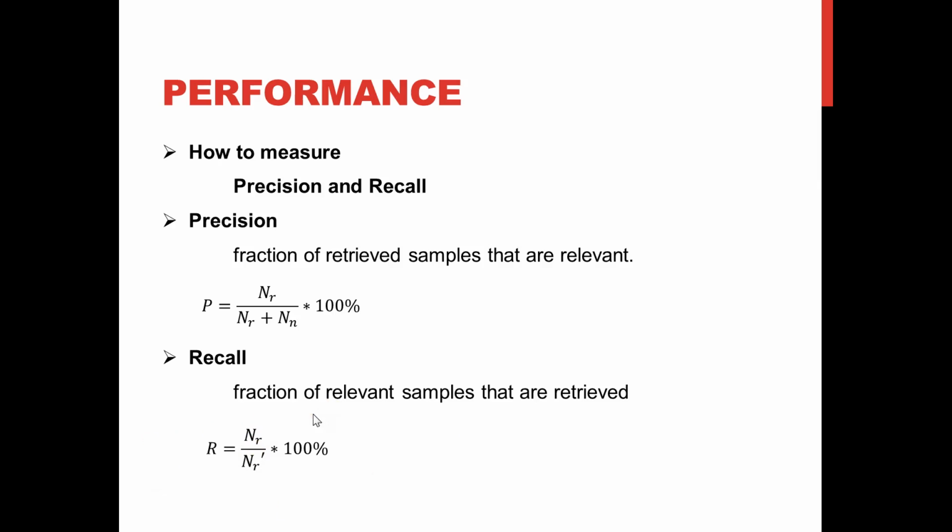Think of it like searching on Google: if Google gives you 10 results and 5 of them are relevant, the precision in this case is 50%. Suppose there are 20 relevant samples in total in the Google database, and in the first 10 results 5 are relevant, so the recall in this case is 25%.